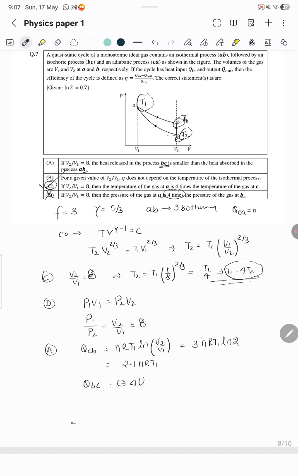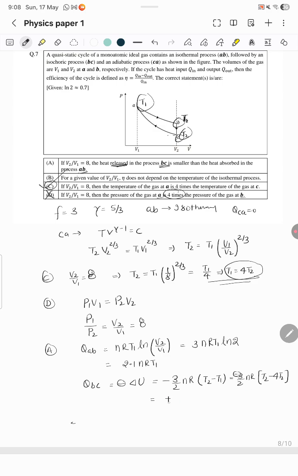Why I'm taking the minus sign? Because they are already talking about heat released here. So it will be minus 3/2 nR (T2 minus T1). If we put T1 equal to 4 T2, T2 is T2 and T1 is 4 T2, so we got 3.